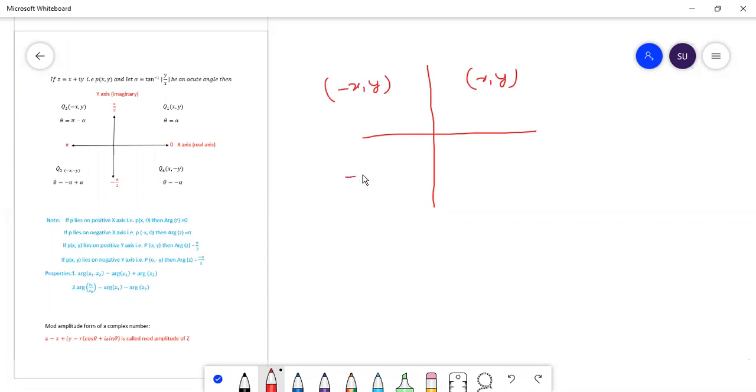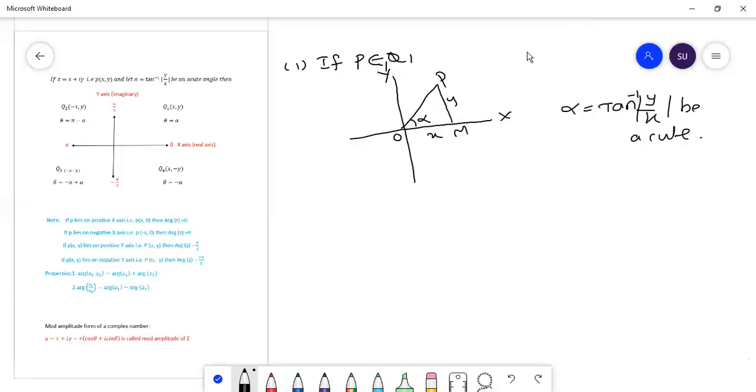Here x is negative, y is also negative. Here x is positive, y is negative. This is treated as quadrant 1, quadrant 2, quadrant 3, and quadrant 4. If the point lies in such a quadrant, then what will be the argument of z, that we will see now.